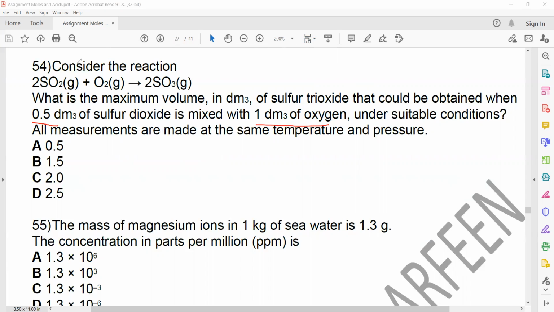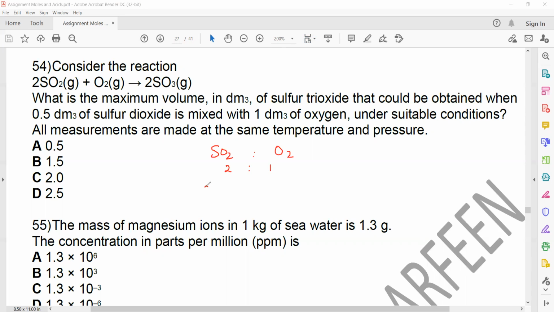So first thing, when we are finding a product, we should know the limiting reagent, because the limiting reagent is the one which decides the amount of product formed. So first, to find the limiting reagent, the ratio between sulfur dioxide and oxygen is 2:1.